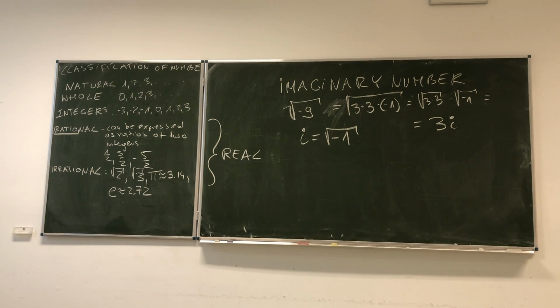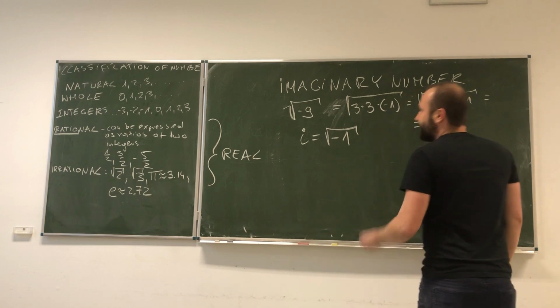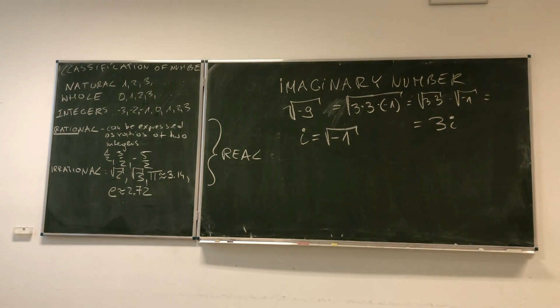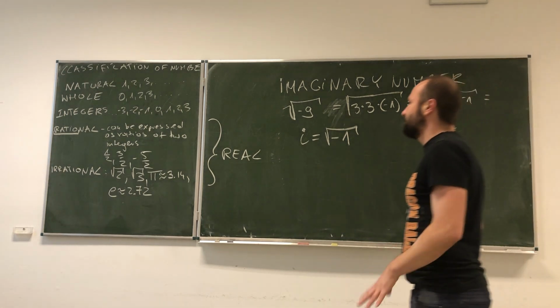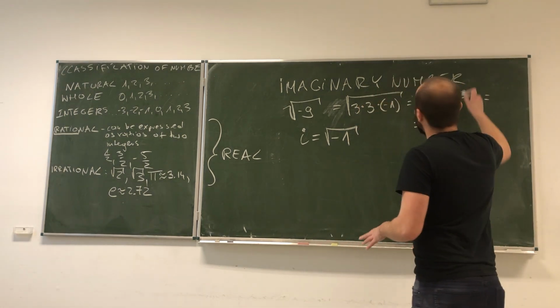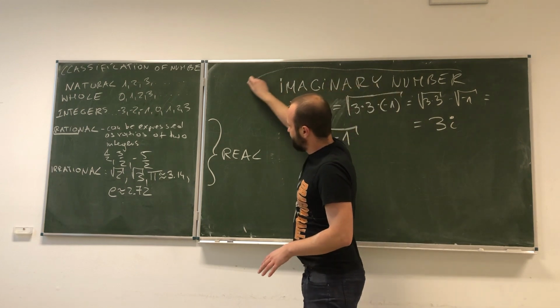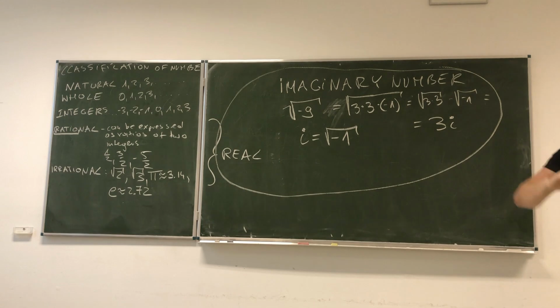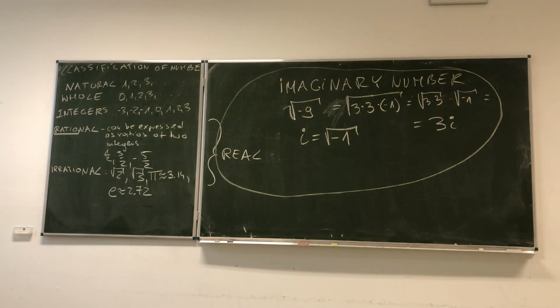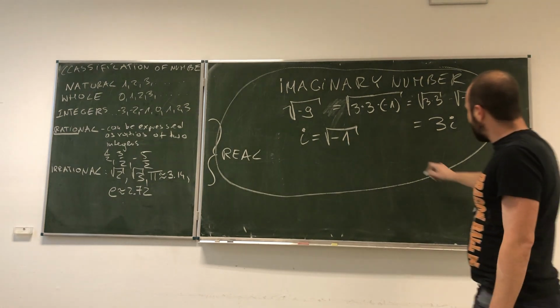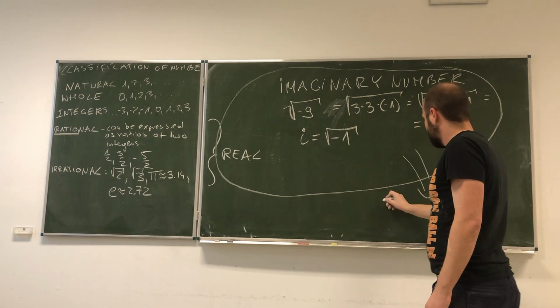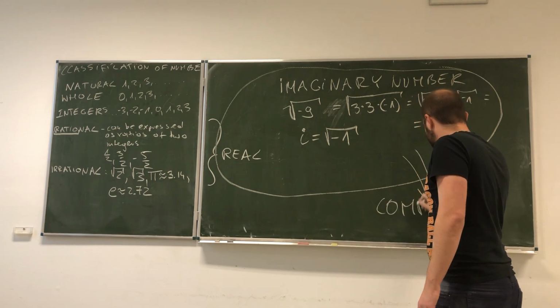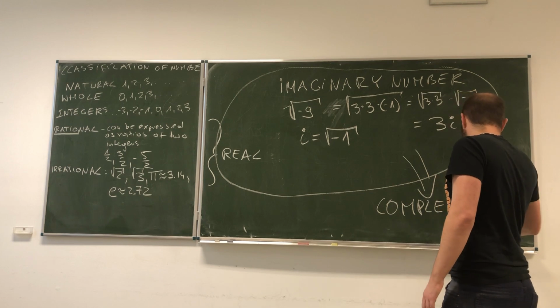Okay, so now look, imaginary number i does not exist, right? So actually, in order to put it into some use in reality, we need to take imaginary numbers, combine them with some real numbers, and then we are arriving at the final set called complex numbers.